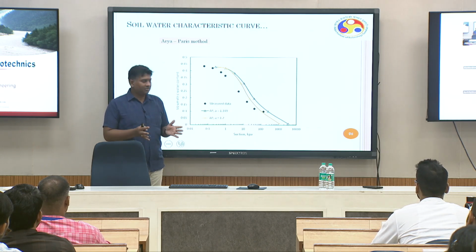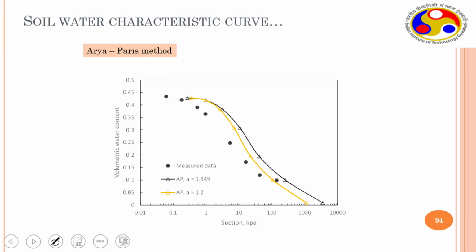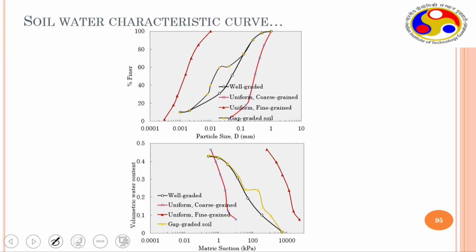Alpha values do not change significantly. So with small variation, this is how the predictions are possible. We also did it for different types of soils, from well-graded soils to gap-graded soils. This is how the particle size distributions vary, and for the same soils, this is how the soil water characteristic curves change.